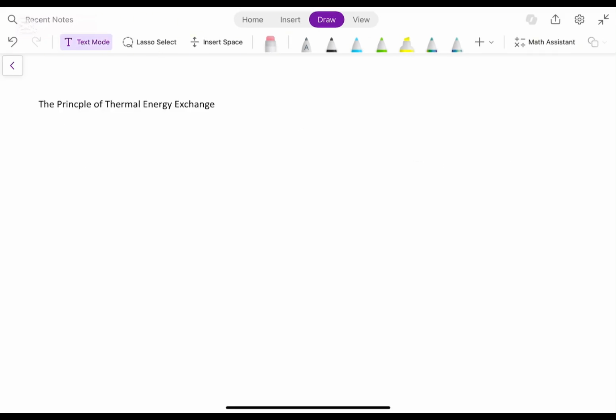Okay, now let's talk about the principle of thermal energy exchange. So what are we talking about when we're saying the principle of thermal energy exchange?